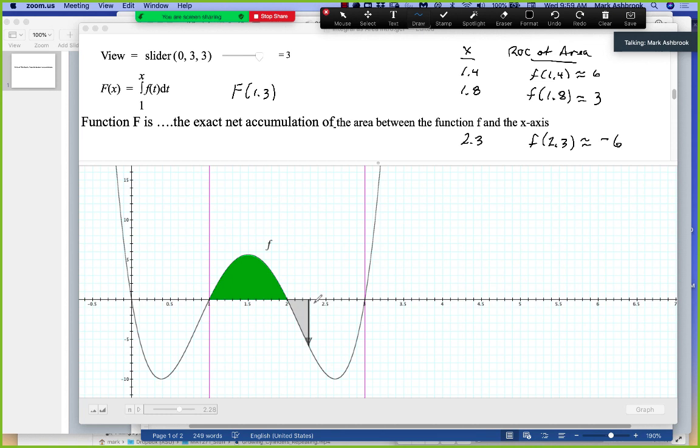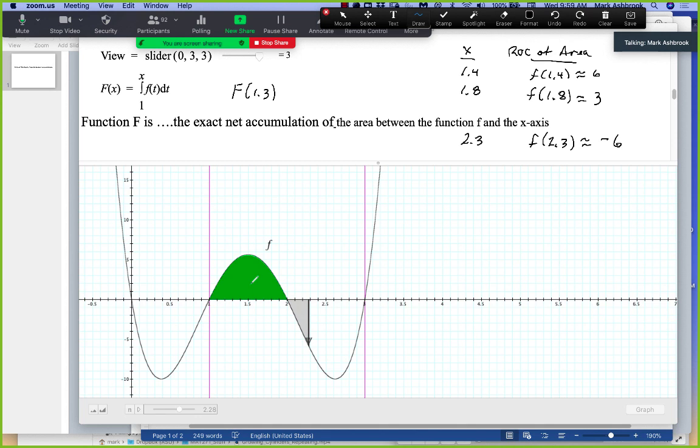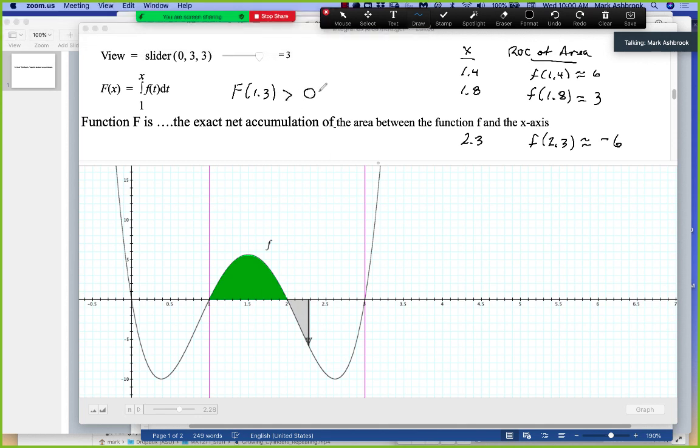Why positive? Because the area doesn't cancel out. Yeah, exactly. So we had all this accumulation of area, which is positive value, and now we start subtracting from that. But this amount of area is less than this, so our F of 1.3 would still be positive.